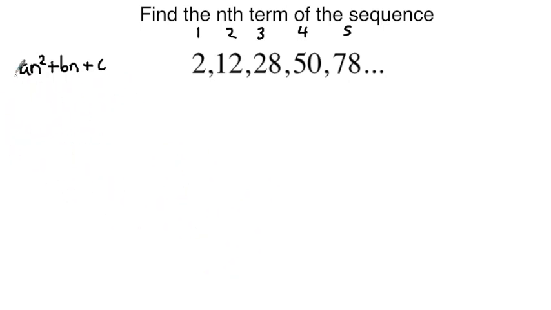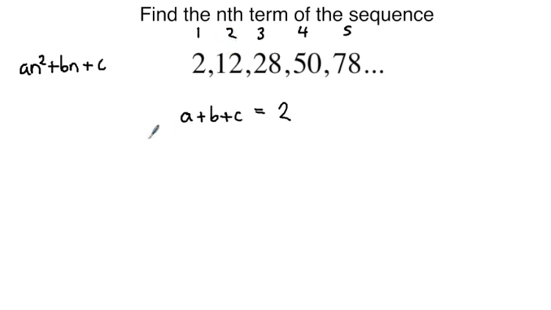So if I know that it's going to be written like that, because that's my quadratic sequence, then straight away I can just substitute in 1 for the value of n. So for the first one, I know a plus b plus c must have a value of 2. Because if I put 1 into there, I get a plus b plus c, and I know that that outputs 2.